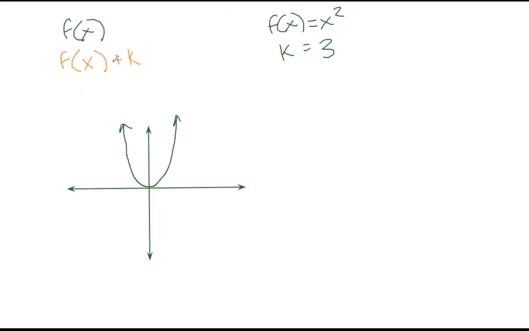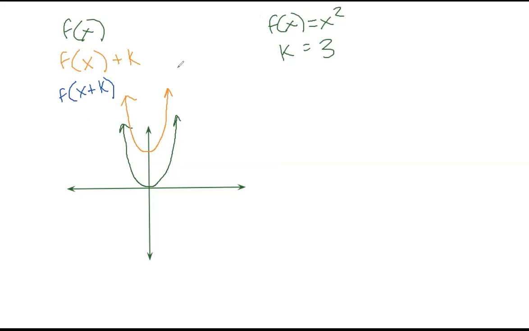This one is a vertical shift the way that it looks. If k is 3, then we're just going up 3. The other one is inside parentheses, so it's a horizontal shift the way that it looks.